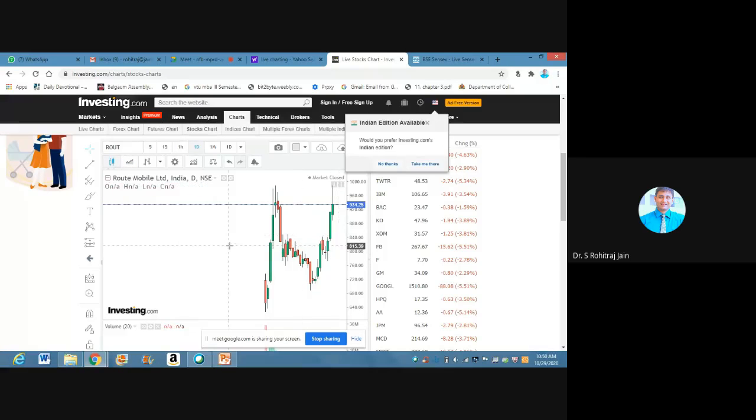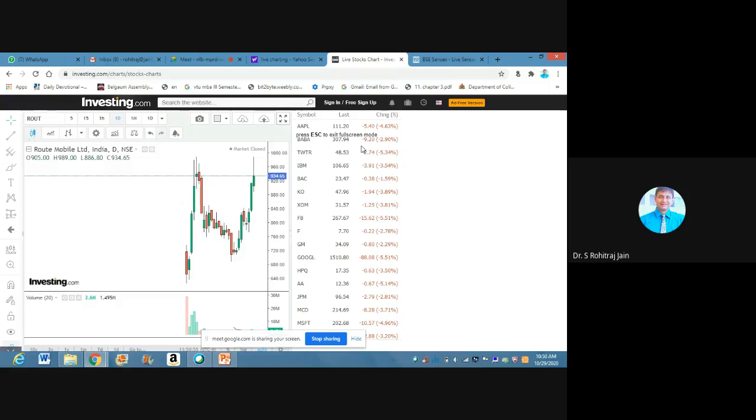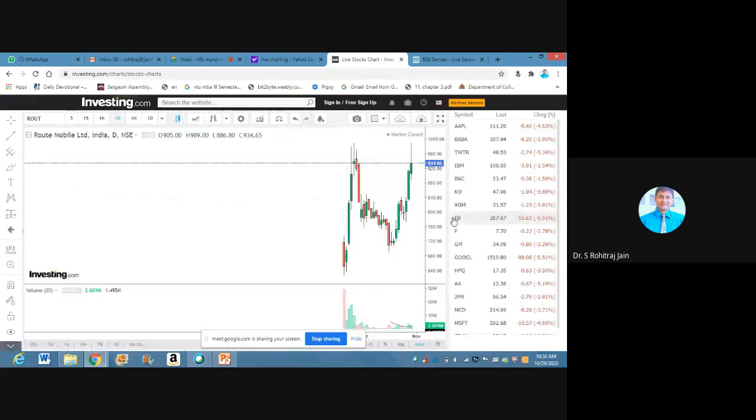Don't worry about any other thing, students. Just see the graph here, because I'm just explaining the assumptions of technical analysis. See, the market follows a pattern, either upward or downward or sideways.